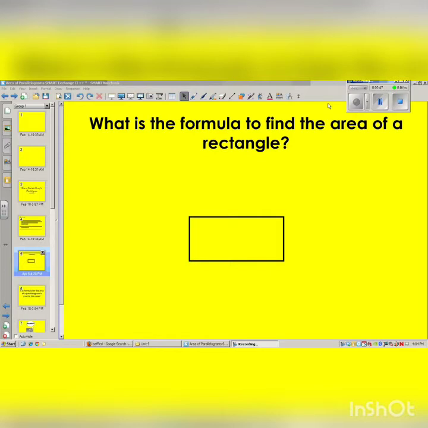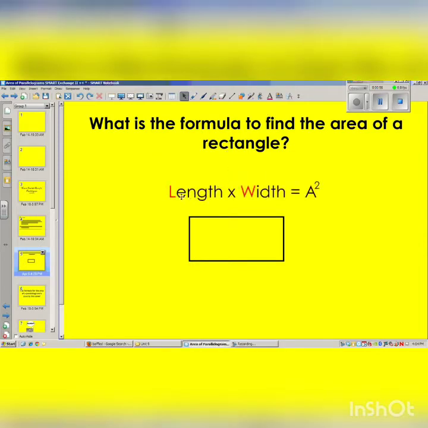But in order to talk about parallelograms and their area, we have to take a quick step back and talk about how to find the area of a rectangle. You find the area of the rectangle by either doing length times width, which equals area in units squared, or you can call it base times height, which also equals the area in units squared.